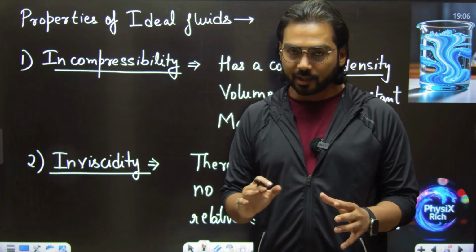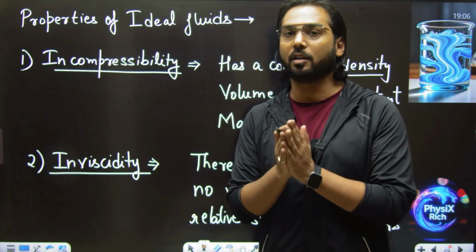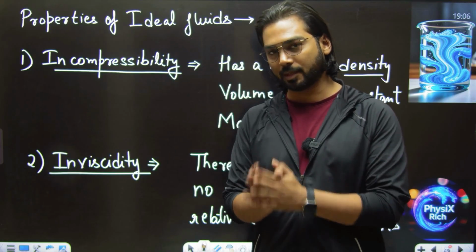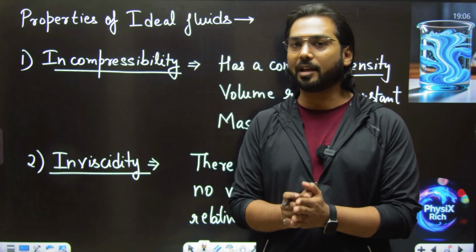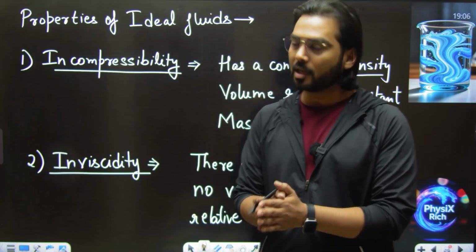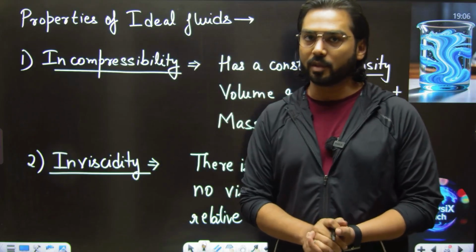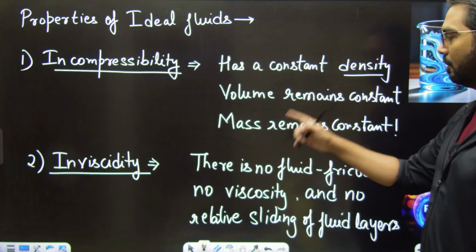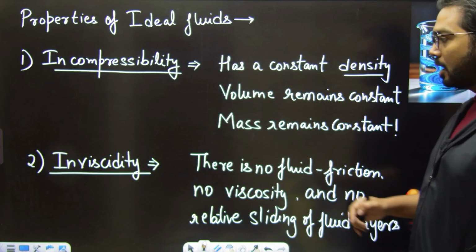You cannot change the density of an ideal fluid. It's true that ideal fluids are hypothetical substances. They do not exist in reality, but for the purpose of our study, we only take ideal fluids. Their volume remains constant and their mass also remains constant.